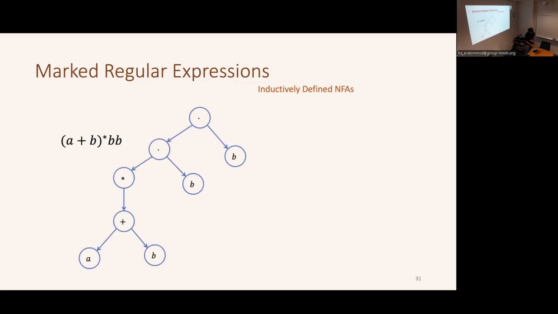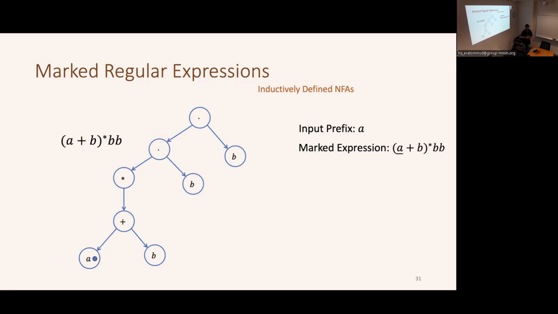For example, this is my regular expression, and I could look at this as an abstract syntax tree. And here I am going to think of this as some kind of an NFA.